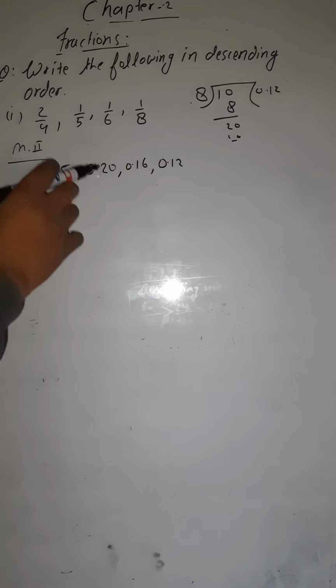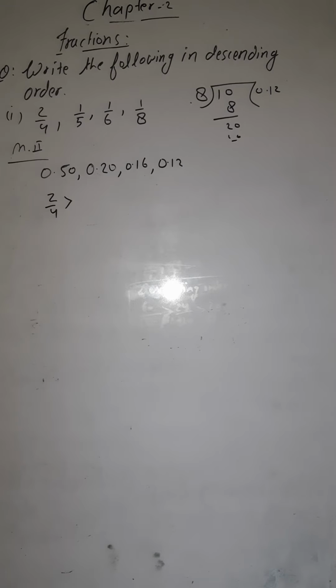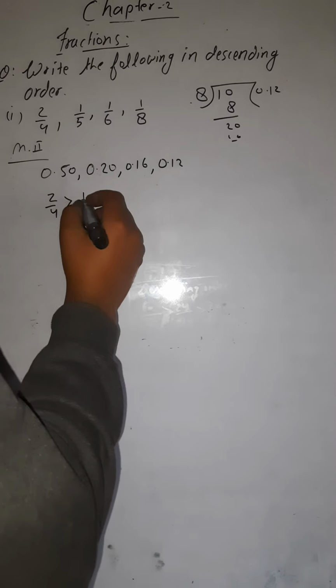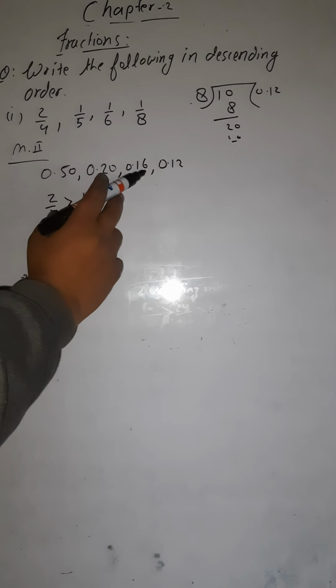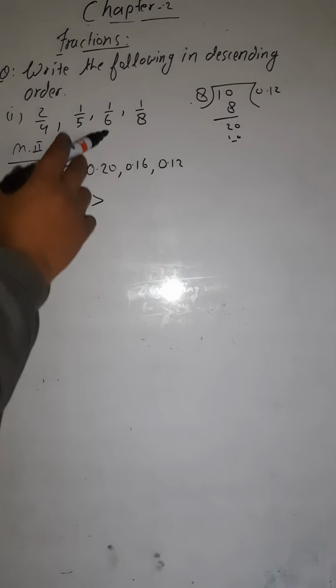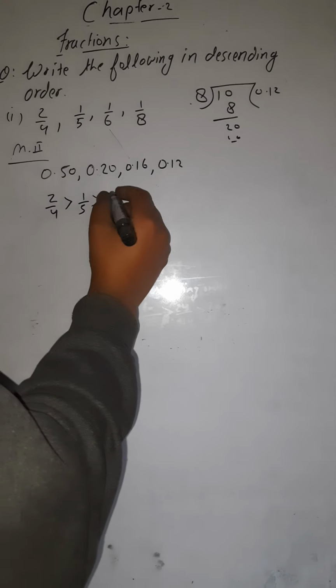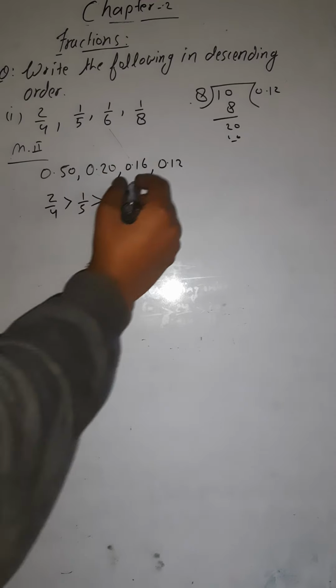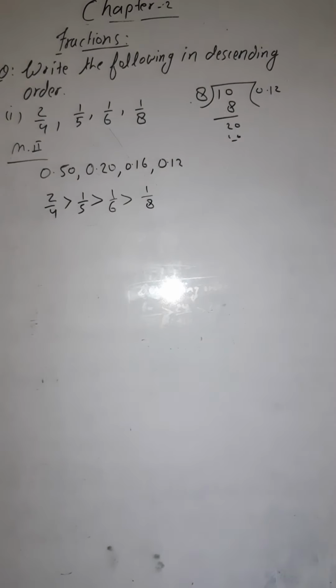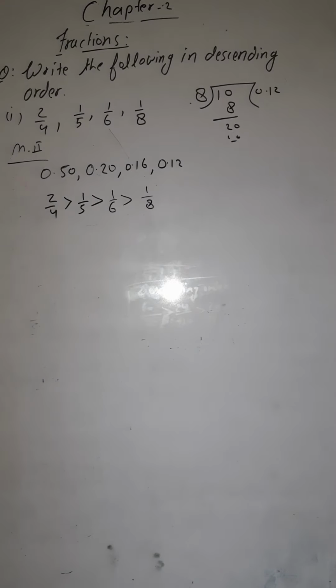So 0.20 is the second one, which means 1 by 5. Then next 0.12 or 0.16. 0.16 is greater. So 0.16 is 1 by 6, and it would be greater than 0.12, at the last would be 1 by 8. So this is how we will write these numbers in descending order by the division method.